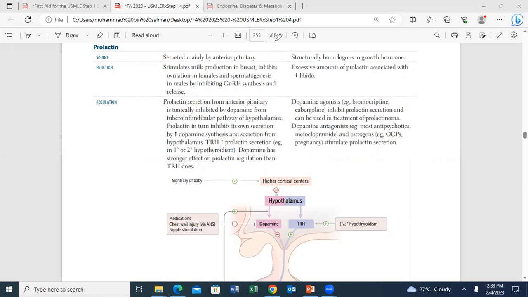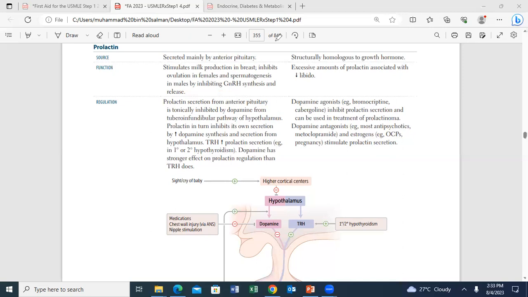So the most common cause of increased size of the pituitary gland is increased formation of prolactin, or you call it prolactinoma. And what prolactin does is, it inhibits the gonadotropin releasing hormone, which will inhibit the formation of FSH, LH, and the sex hormones.